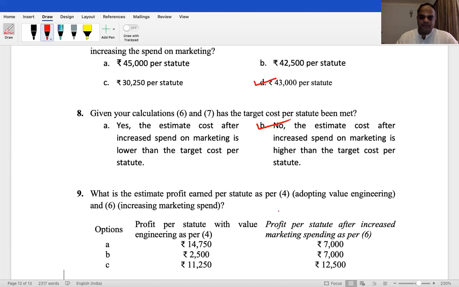Whereas based on value engineering above, 14,750. How come? 45,000 selling price minus 30,250 cost. Very good. So profit as per the fourth situation and sixth situation separately. So option A is the correct answer. Am I right?